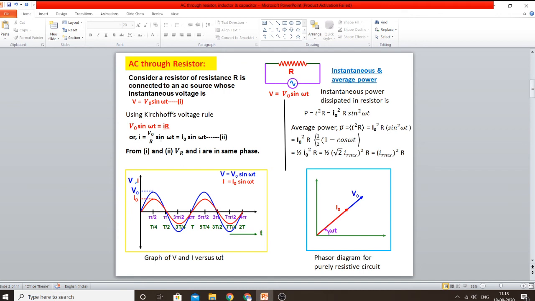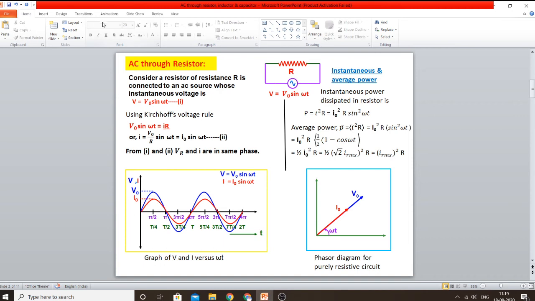So we can say in the resistive circuit, voltage and current are in same phase. It means if one increases, at the same time the other will also increase.